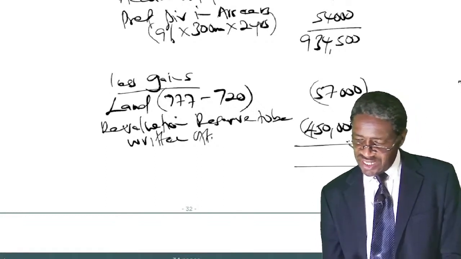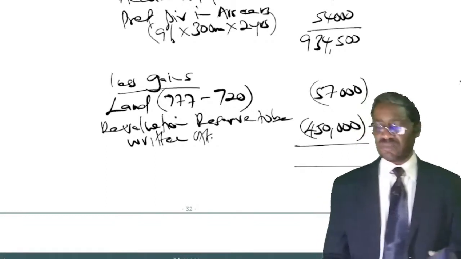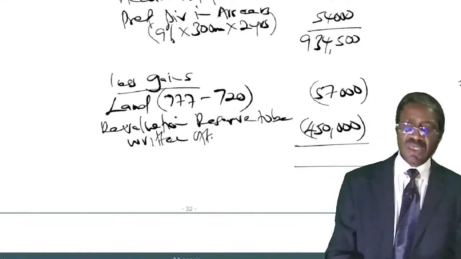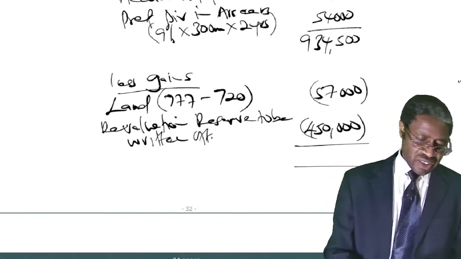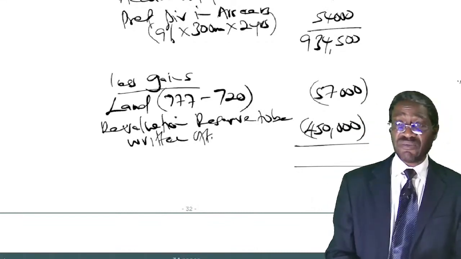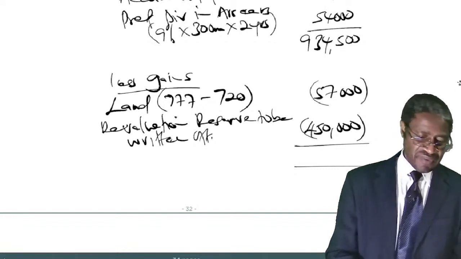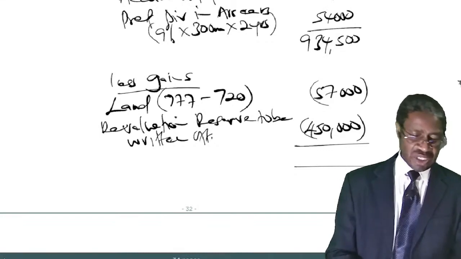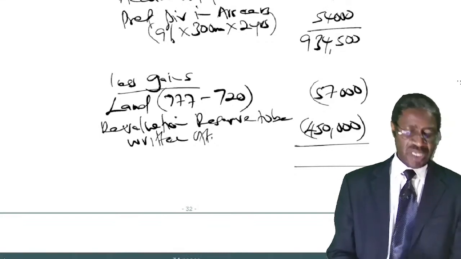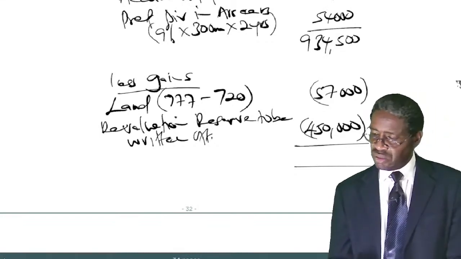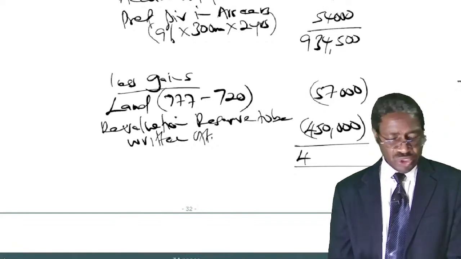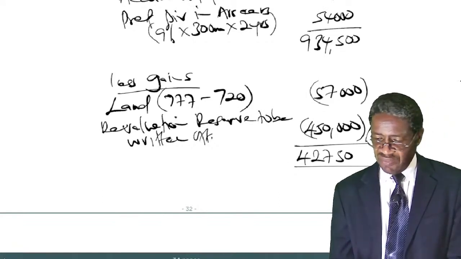So let's get the net now. We take that 934,500. We minus 57. We minus 450. And that leaves me with about 427,500.